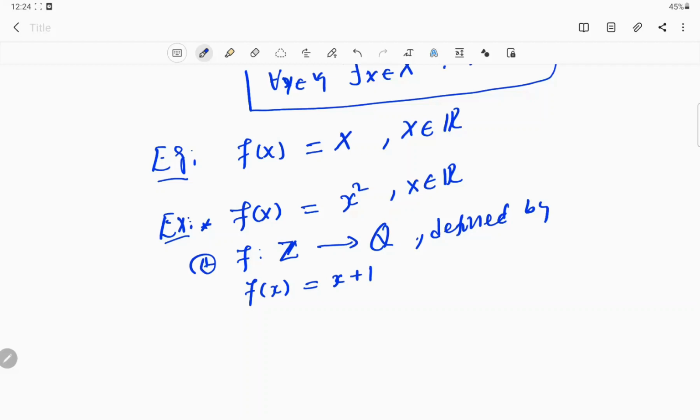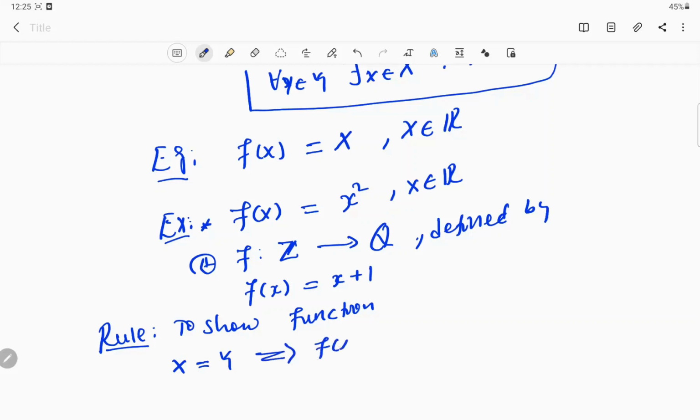Now remember that this is a function, we know. You can also check if it's a function or not. This is another way of checking whether a given relation is a function or not. You can take two equal elements. This is a rule to check a function: if x equals y, it has to imply that f(x) equals f(y).